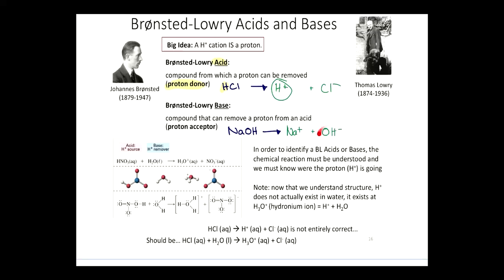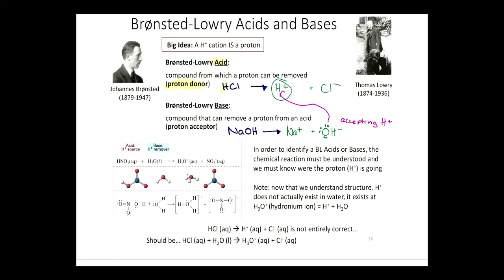We know that this hydroxide is a base. And the reason it's a base is because this hydroxide, since it has all of these lone pairs, can go on and steal an H plus from somewhere else, all right? And so this hydroxide is accepting an H plus, right?